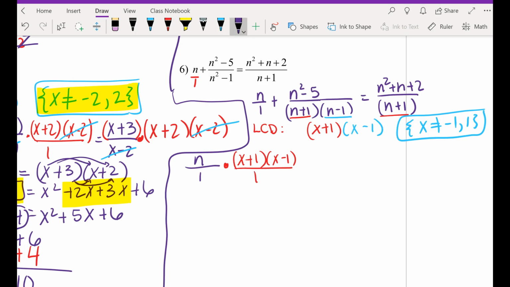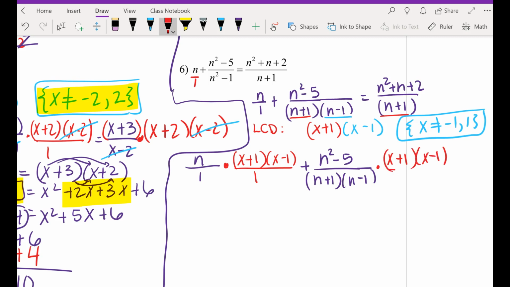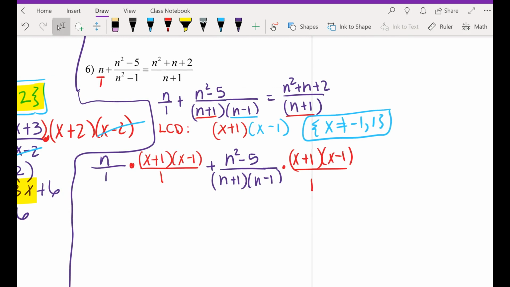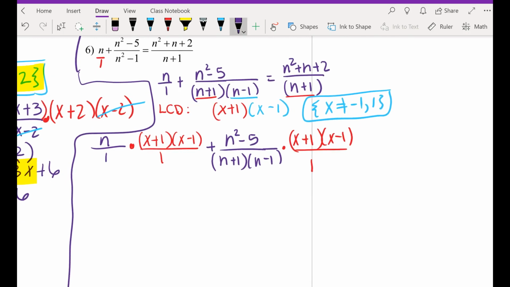No. Then plus n squared minus 5 over n plus 1 times n minus 1, times our LCD, x plus 1 times x minus 1, all over 1, equals n squared plus n plus 2 all over n plus 1, times our LCD, x plus 1 times x minus 1, all over 1. Are you ready?